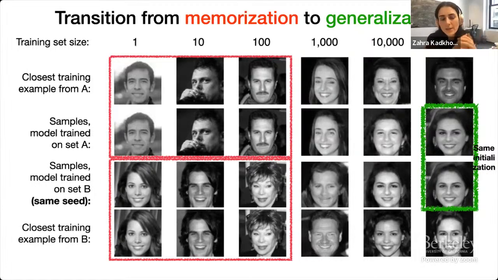No. Imagine that the sampling process is not stochastic, and the stochasticity is only coming from the initialization. In that case, it's easier to understand that when you start from the same point in the ambient space, if you have the same function, so if the model variance is 0, then you have the same function learned from these two different data sets.